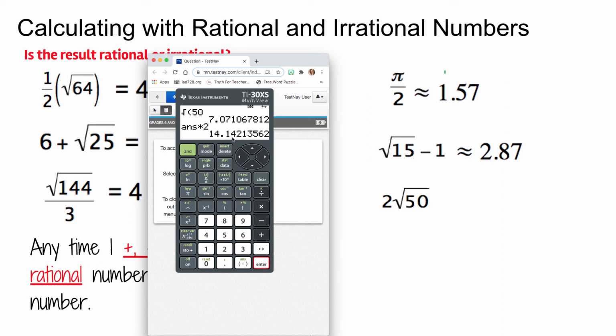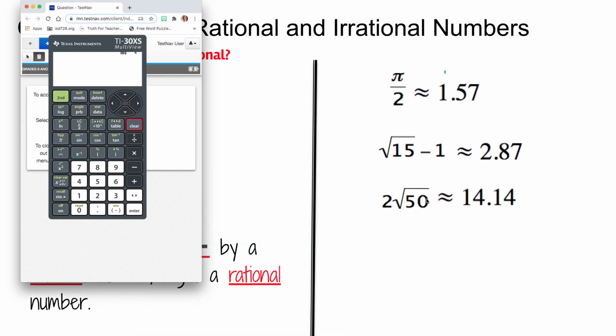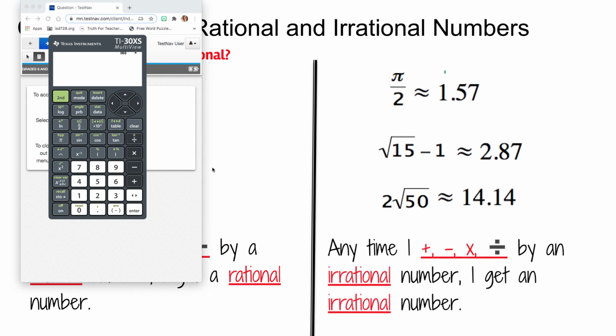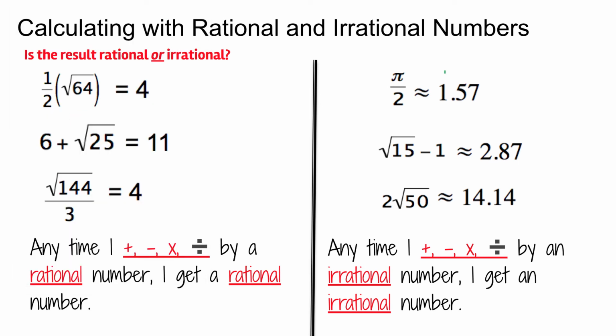No. So we're going to have to round, about 14 and 14 hundredths. When you have an irrational number and you're working with it in an expression, it is affecting your final answer. It's making the final answer irrational. So anytime you add, subtract, multiply, or divide by an irrational number, you're going to get an irrational answer. Make sure that is filled in your notes.